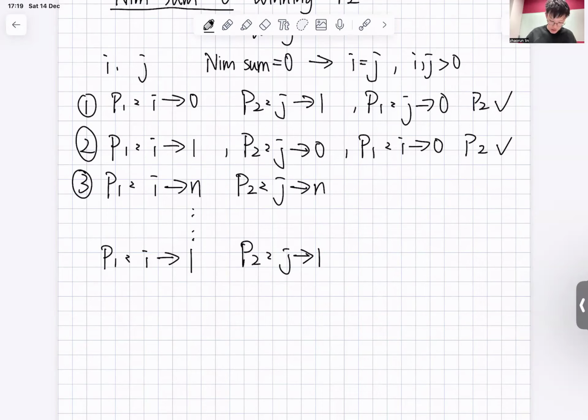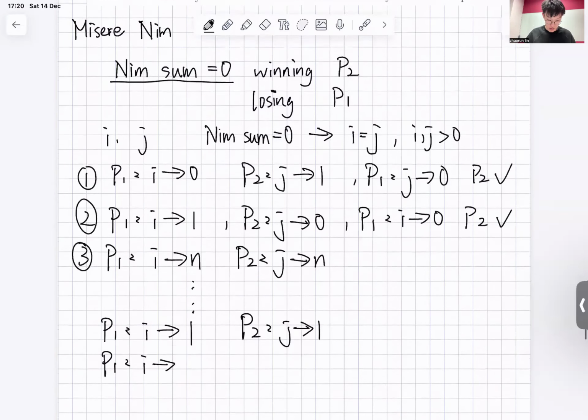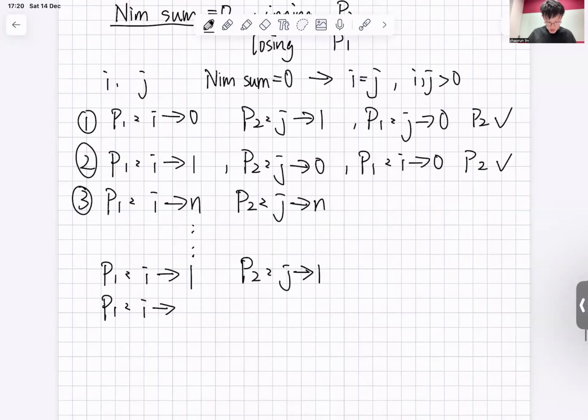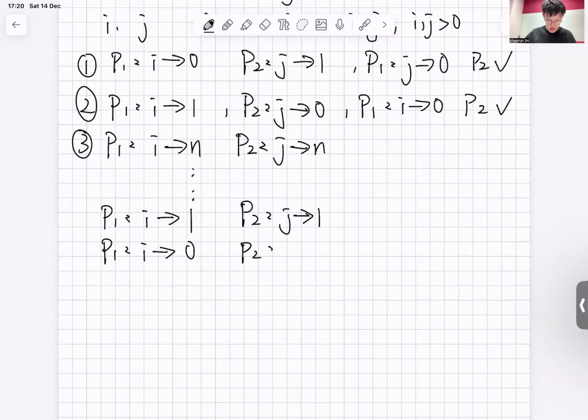Actually, this time player 2 wins. No, player 1 wins. Oh, this is the corner case of this Misère NIM. So this time player 1 will reduce i to 0, and player 2 must reduce j to 0. This time player 1 wins. The state of 1-1 is actually a corner case for this game.